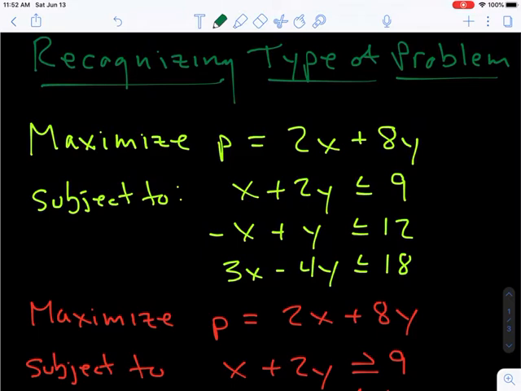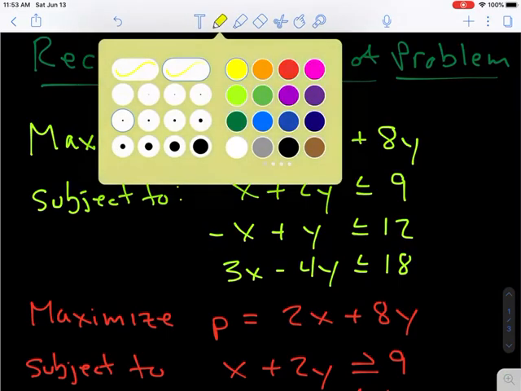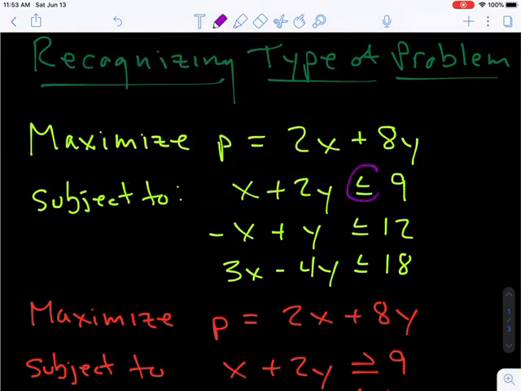The first problem says to maximize P equals 2x plus 8 subject to these constraints. We want to identify what type of problem we have. Well, I look at the inequality symbols, and all of the inequality symbols in this problem are less than or equal to.